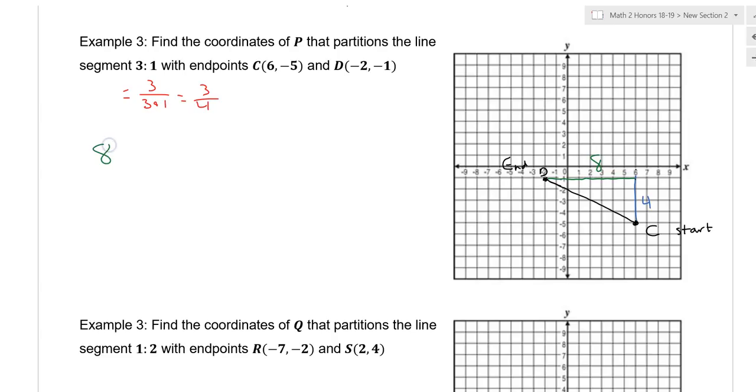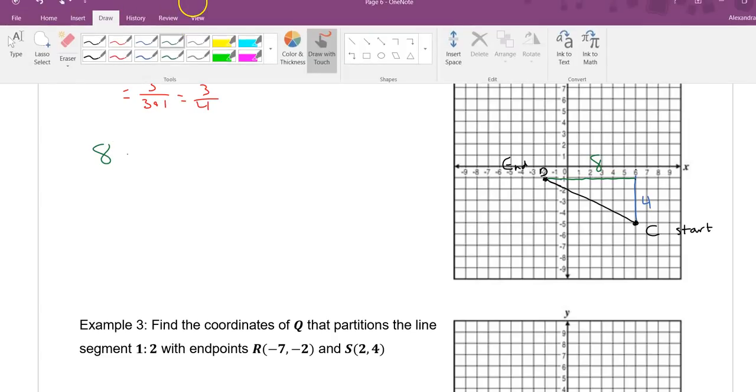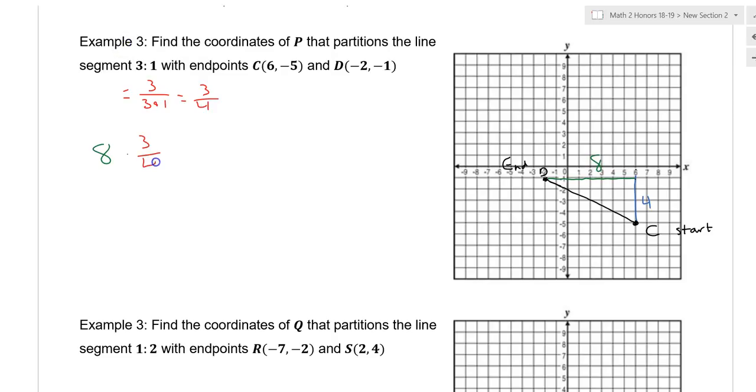Your x is 8 times 3/4, and again, mental math or a calculator, you get 6.